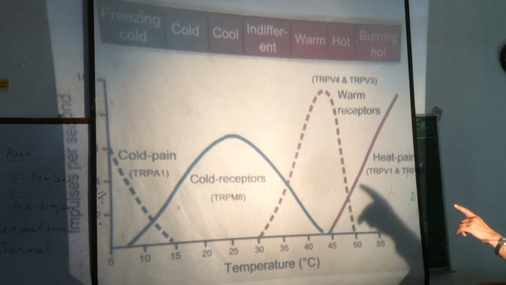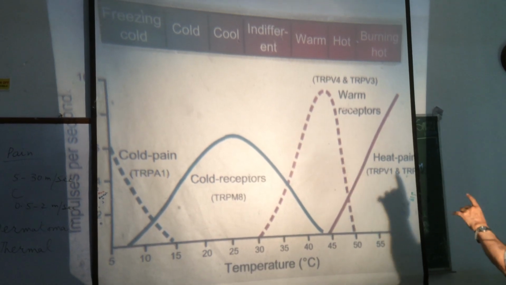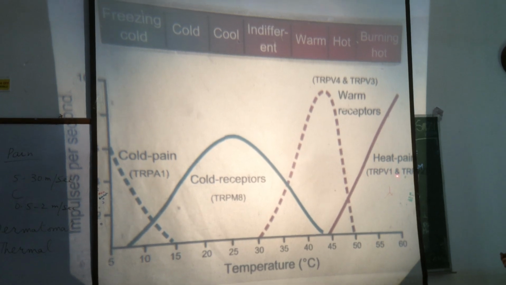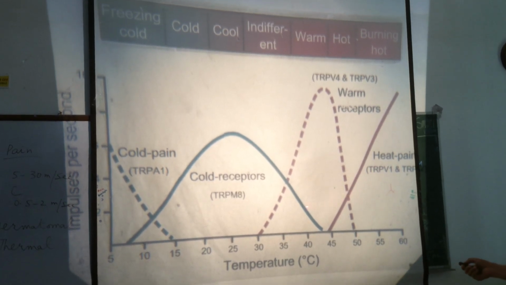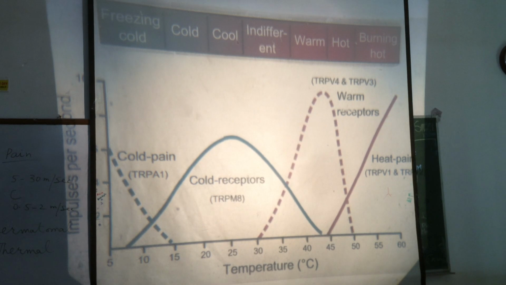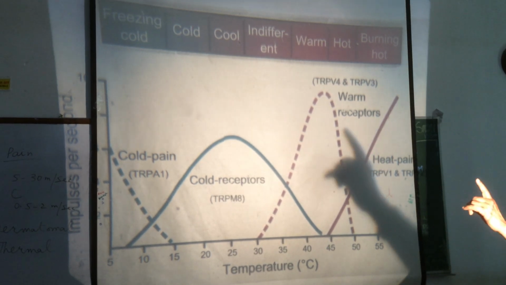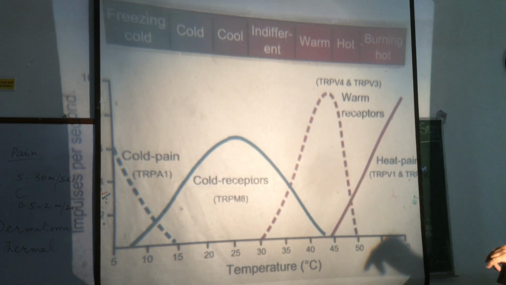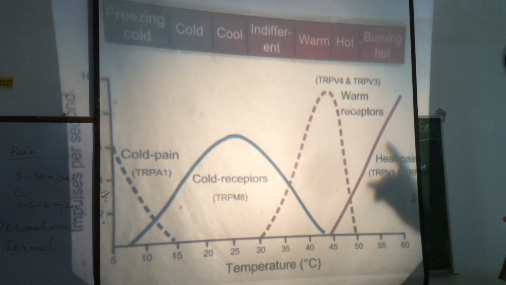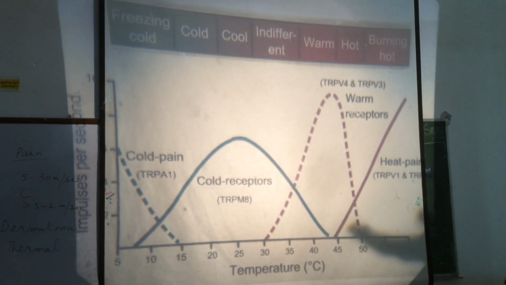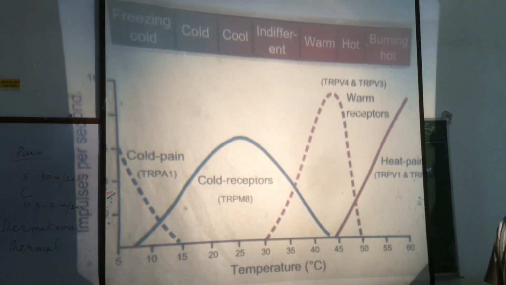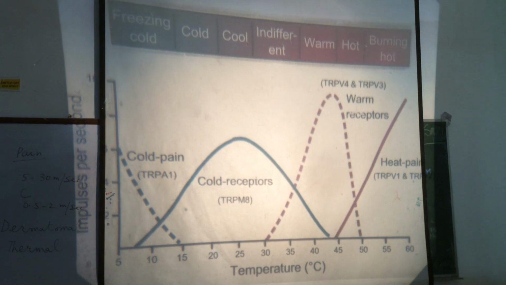So in the perception of freezing cold and burning hot, in addition to stimulation of the cold or warmth receptors, pain receptors are also stimulated.